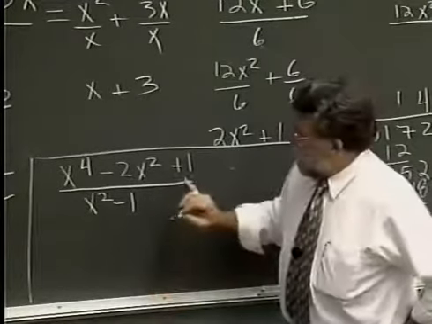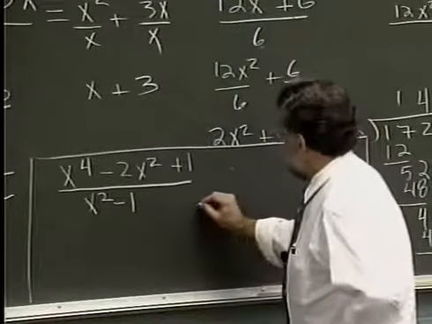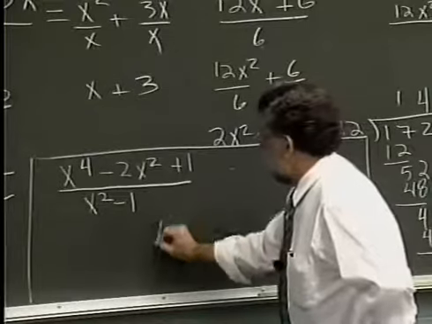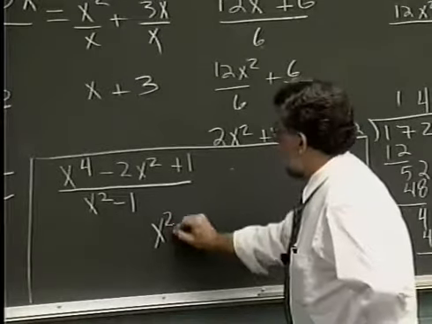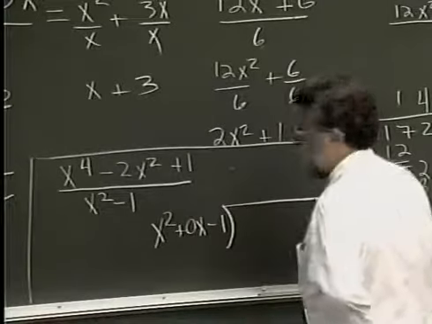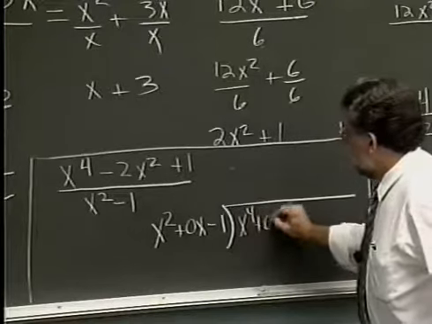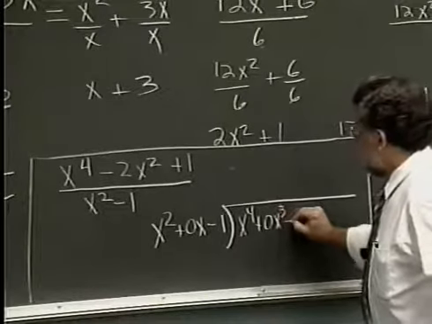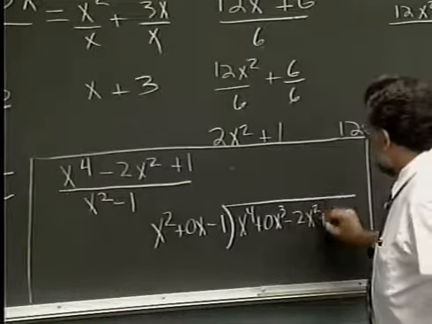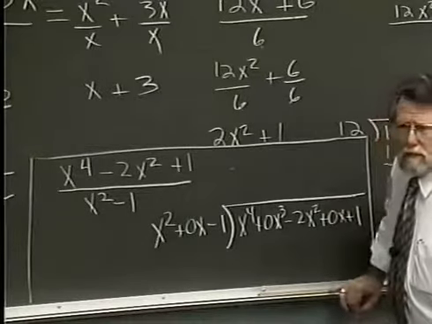What I'm getting at, if you're going to do a problem like this, I'm just going to show the setup briefly. You would take this and say that you're going to divide x squared plus 0x minus 1 into x to the fourth plus 0x cubed minus 2x squared plus 0x plus 1.